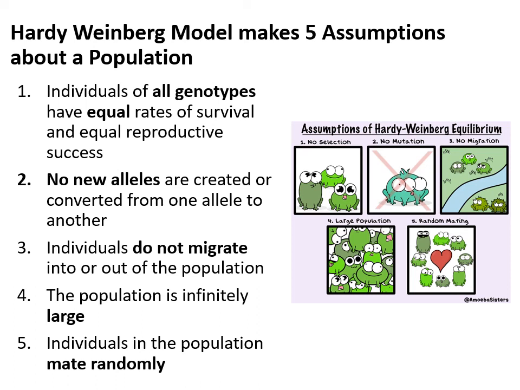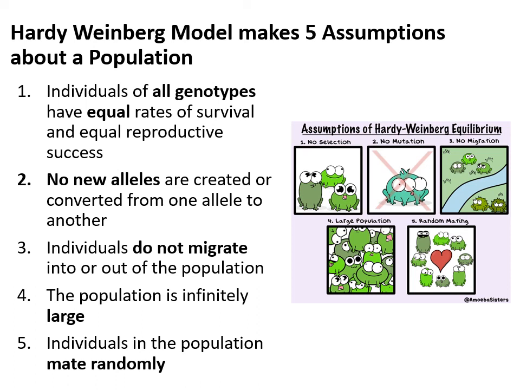And the last assumption is that individuals in the population mate randomly, which you see over here. I know the idea of random mating sounds funny, but it's basically going back to the point that we made in the first assumption. You don't want selection going on.